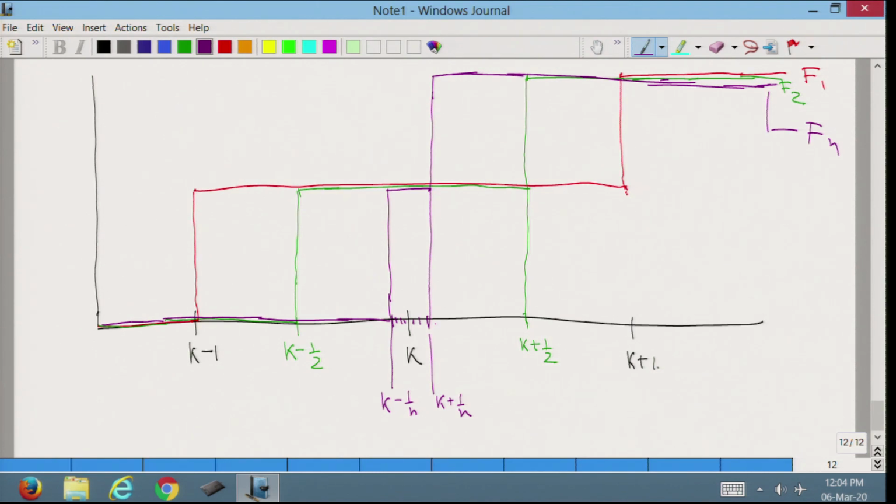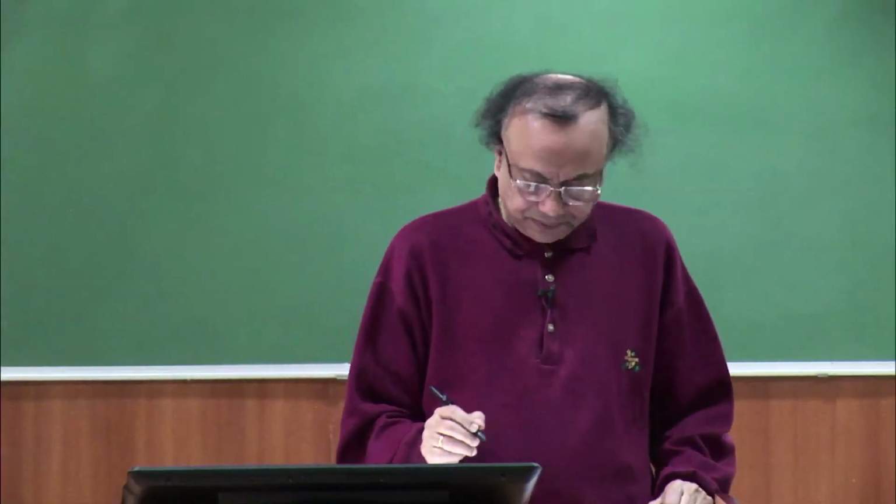Therefore, by taking n to be very large, we come to the interval k minus epsilon to k plus epsilon.